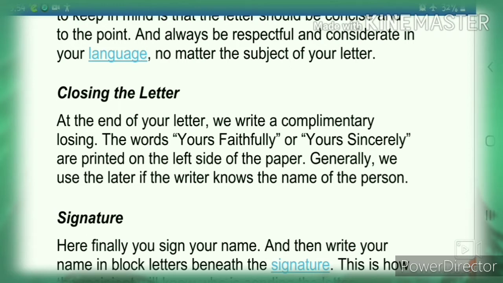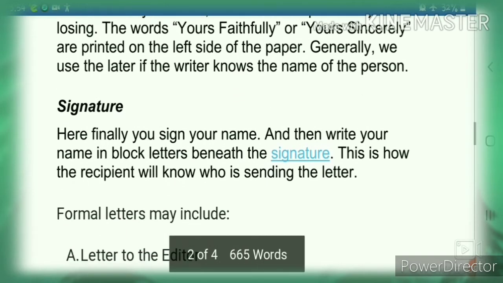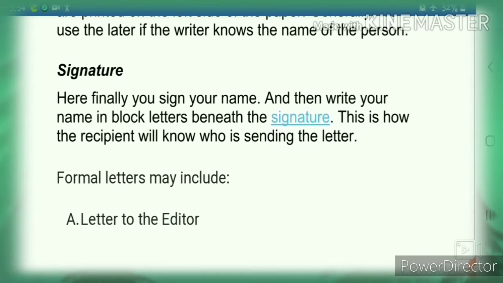Generally, we use the latter if the writer knows the name of the person. After closing the letter is the signature. Here, finally, you sign your name and then write your name in block letters beneath the signature. This is how the recipient will know who is sending this letter.